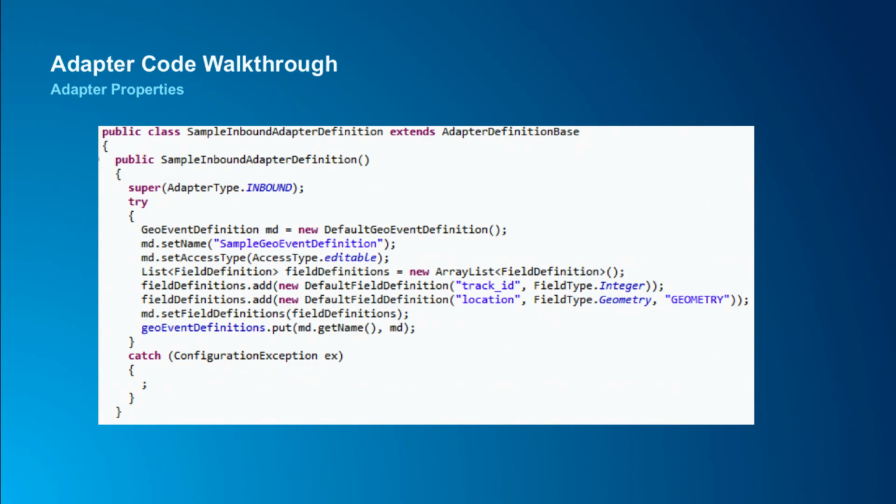The code here is a Java class that defines the adapter definition and the properties. First, in the constructor of this definition class, it creates a GeoEvent definition. As we know, each GeoEvent must have a GeoEvent definition. The GeoEvent definition defines the fields, their types, and the cardinalities. Because the adapter has the knowledge of what the data looks like, it is naturally the place where we would create the GeoEvent definition, if you don't already have one.